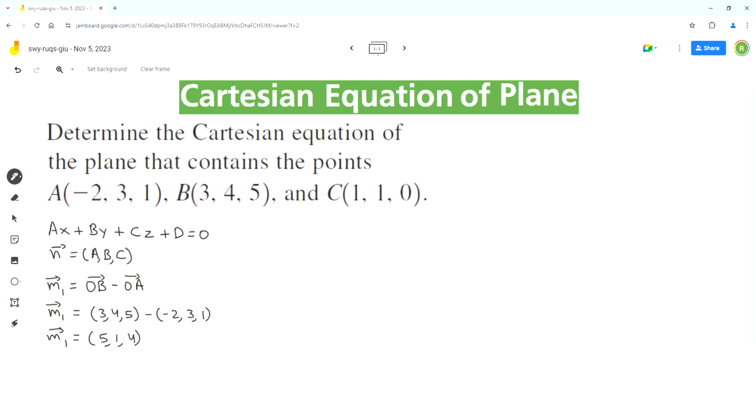Now we can find the second direction vector. We can use points B and C. So we have to subtract their position vectors.